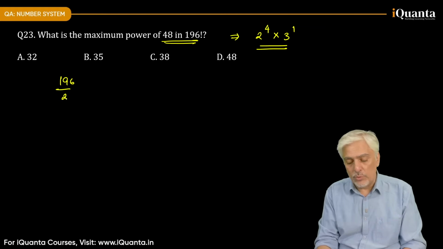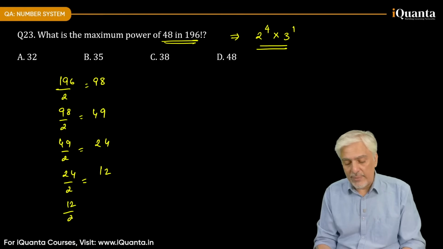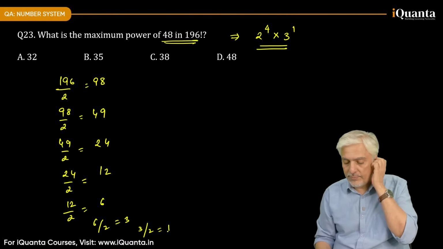196 divided by 2, 98. 98 divided by 2, 49. 49 divided by 2, 24. 24 divided by 2, 12. 12 divided by 2, 6. 6 divided by 2, 3. 3 divided by 2, 1. Right?